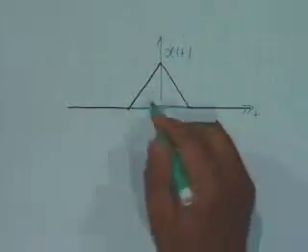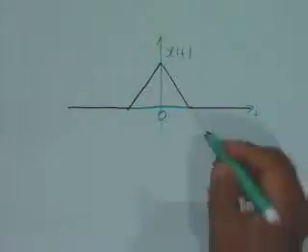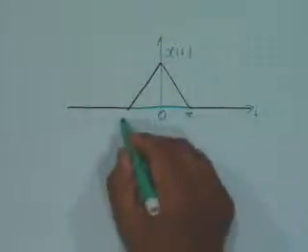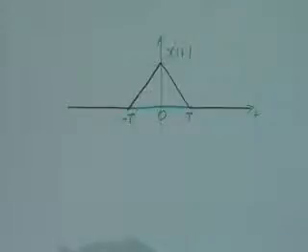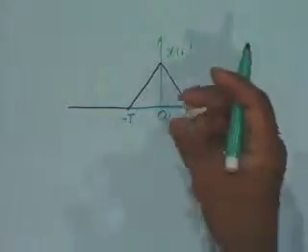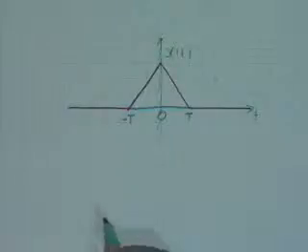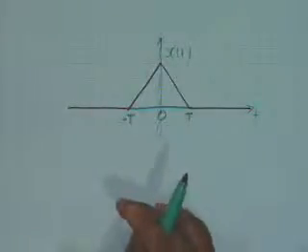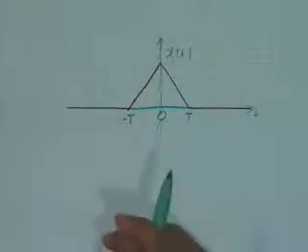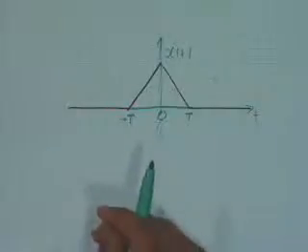If it is symmetrical about the origin, t equal to 0, and let's say this is capital T and this is minus capital T, then naturally if we flip it or we reflect it around the vertical axis, then there is no change. Such signals, which with reflection or folding do not change, retain their original shape.